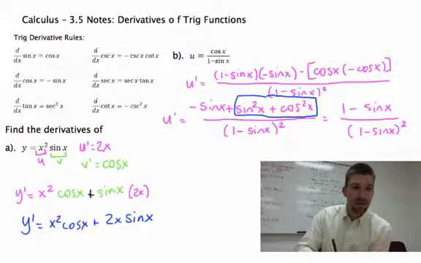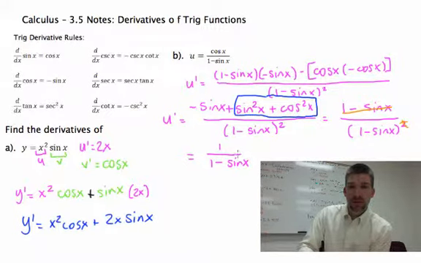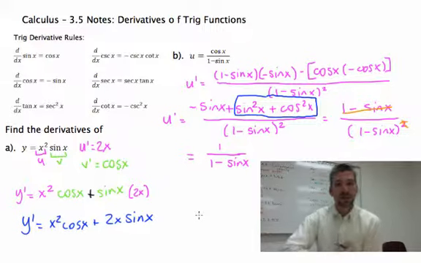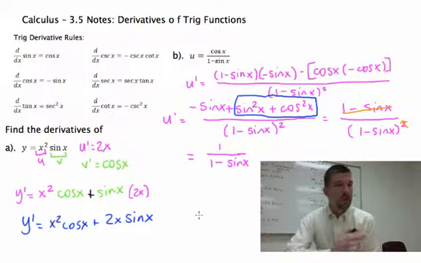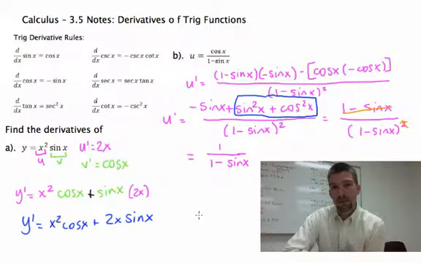And if I have the same thing on the top and the bottom of a fraction, I can cancel it out. So 1 minus sine x cancels one of those guys out. And my overall derivative then becomes 1 over 1 minus sine x. You will need to pay attention to some of your trig rules. You'll need to use some trig identities on occasion, but a lot of these problems will simplify down a little bit with just a little bit of effort and a little bit of algebra.